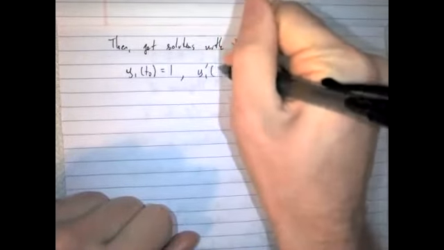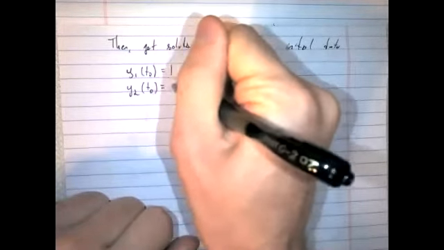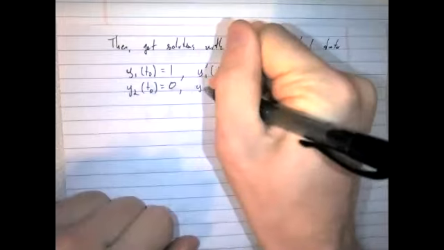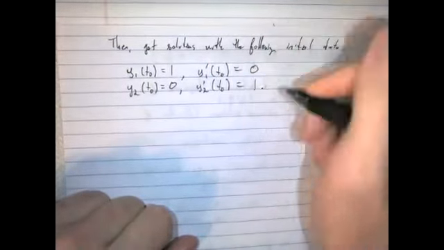I'm going to ask that y1 of t0 is equal to 1, and y1 prime of t0 is equal to 0. And I'm going to ask for a solution on this interval with initial data y2 of t0 is equal to 0, and y2 prime of t0 is equal to 1.